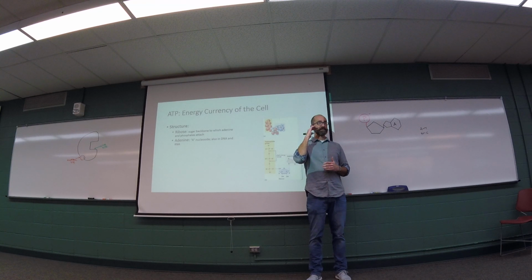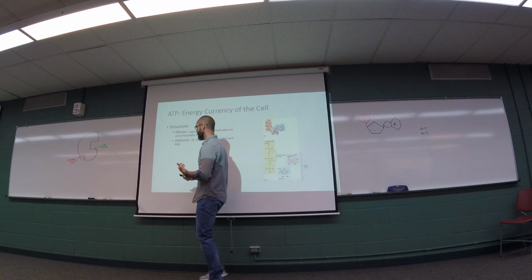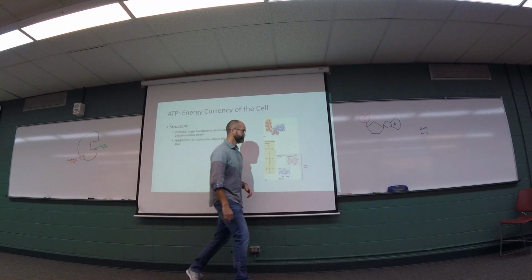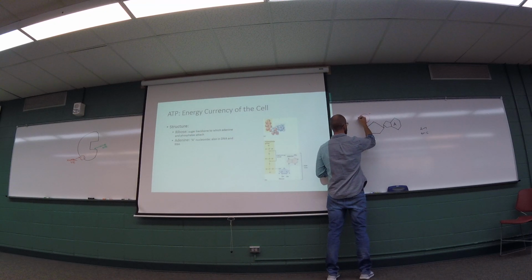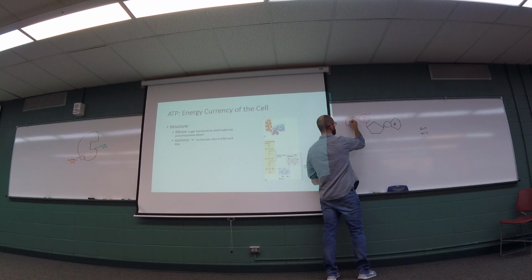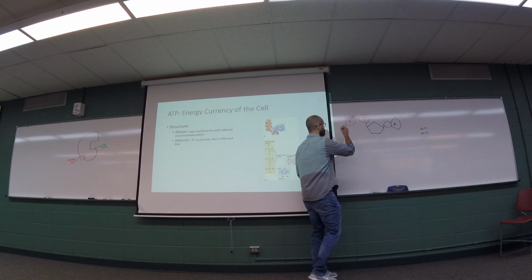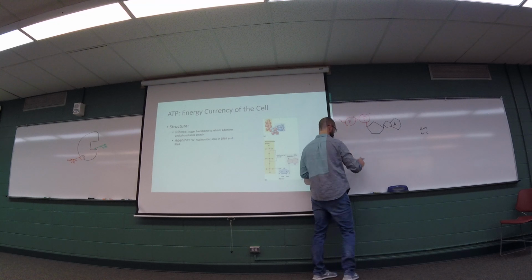But we take this A nucleotide, and we're going to switch it up a little bit. The way that we switch it up is we take more of those phosphates and stick more phosphates onto it. I'm just going to draw it off to the side because I didn't leave myself enough room at the top.